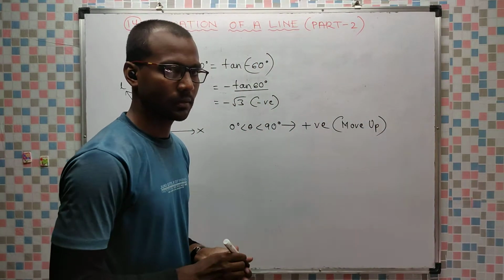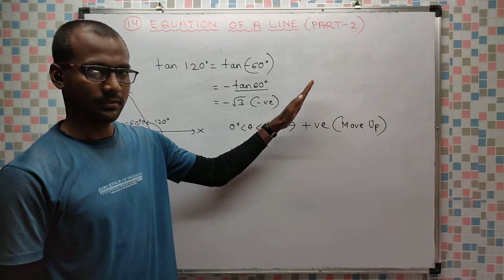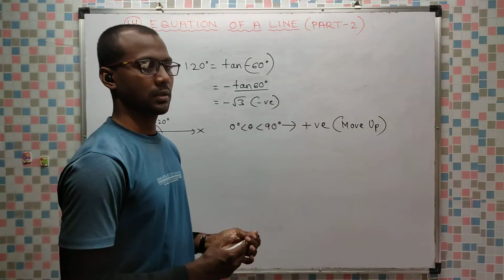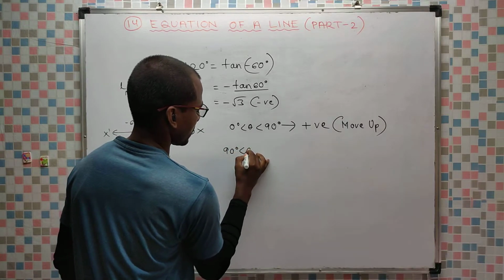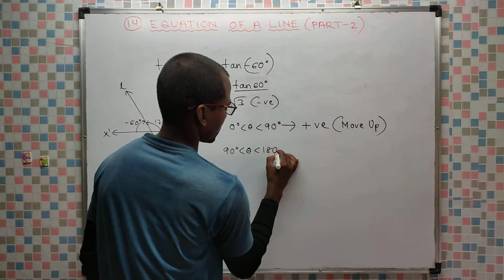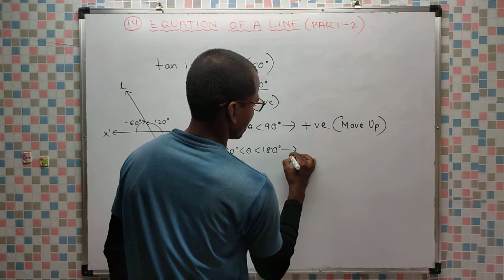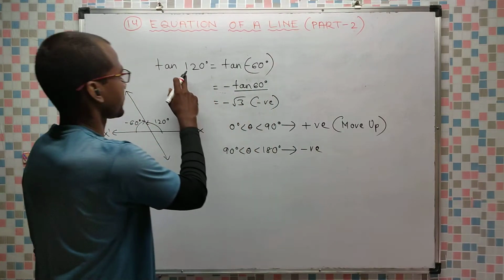If slope is positive, the line moves up like this. If in between 90 and 180, then our slope is negative, as we checked.